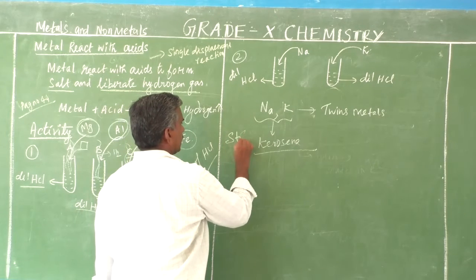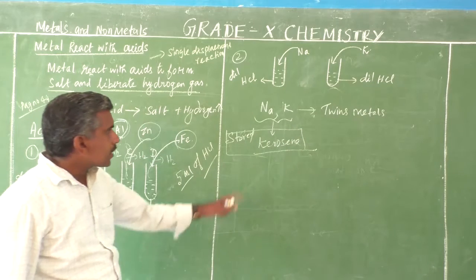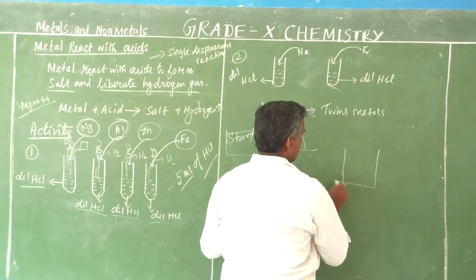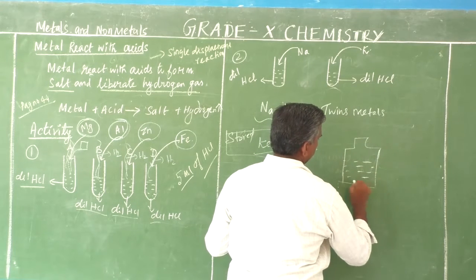Sodium and potassium. These are highly reactive metals. These metals are kept in kerosene. Sodium and potassium are stored in kerosene because they are highly reactive metals. This is the kerosene.